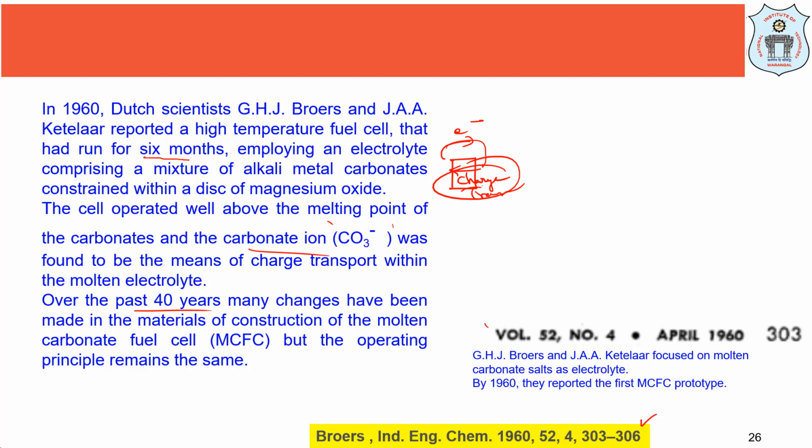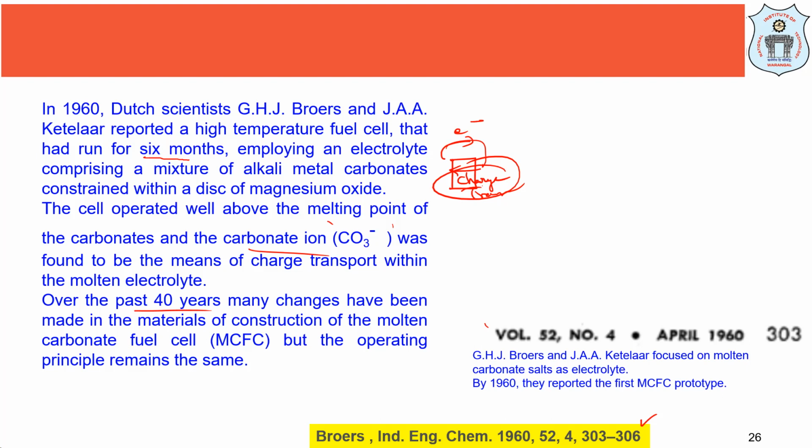So they used magnesium oxide discs as support, and these alkali metal carbonates. They reported that the cell operated well above the melting point of the carbonates, and the carbonate ion was found to be the means of charge transport. They were the first to report the mechanism responsible for carrying the charge within the molten electrolyte.